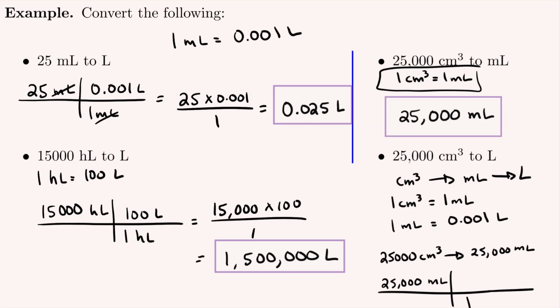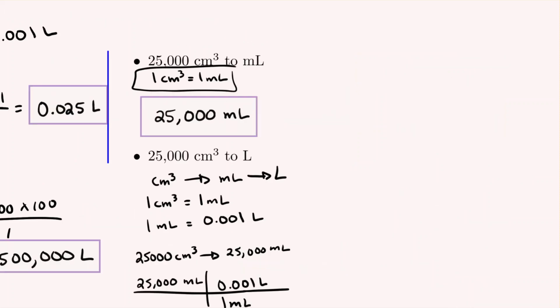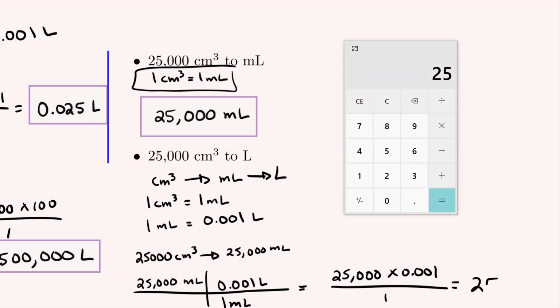We know 1 milliliter is equal to 1/1000th of a liter. So this would give us 25 liters as the equivalent value.